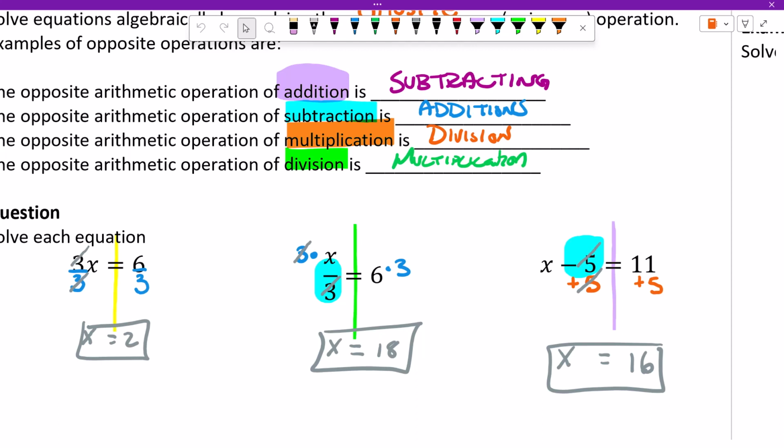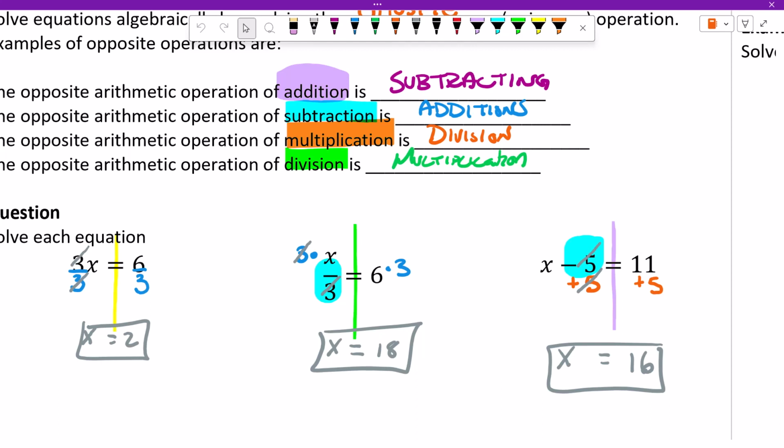Okay, so we talked about solving equations. I said there's a couple of steps involved. First step, you split the equation at the equal sign. You have a left side and a right side. You cover up the side that doesn't have the letter. Then you find all the numbers that you want to get rid of, and you figure out what the operation is between the number and the letter, or the variable.